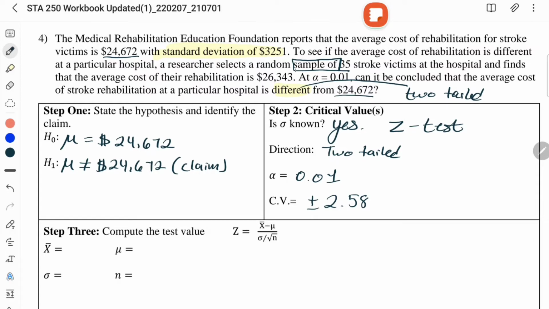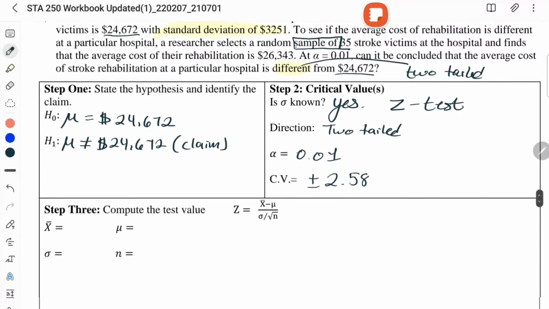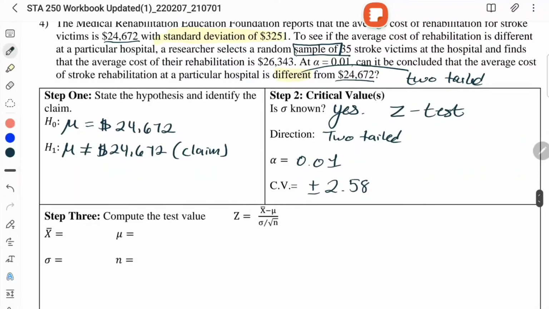Okay. Step number 3 is compute the test value. And we're going to use the z-test formula to compute the test value. Now, I'm going to fill in information that we should already know. Mu, which is the population mean, which is stated right up here, that is 24,672. So you should know that right off the back because you're using that for your hypothesis. N, our sample size.